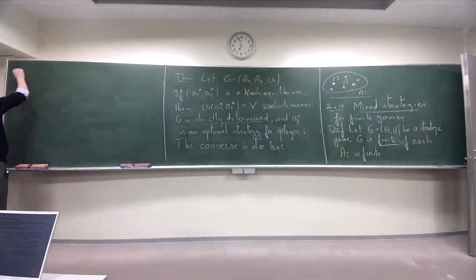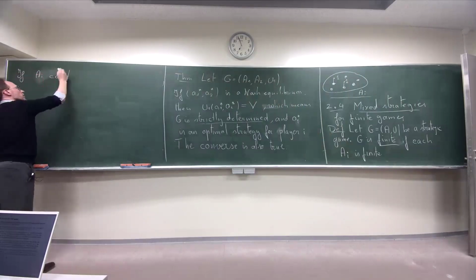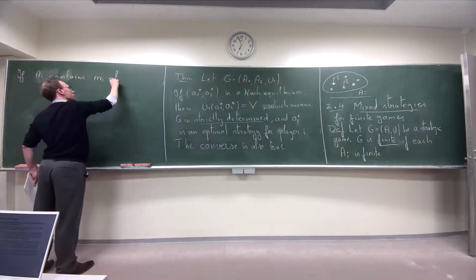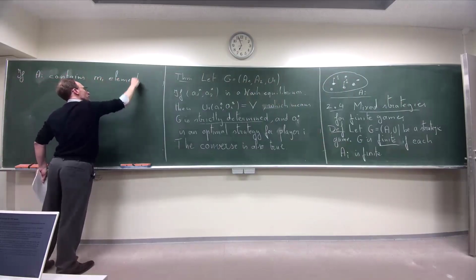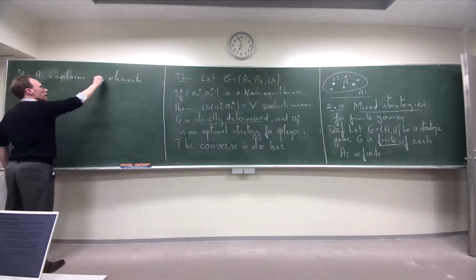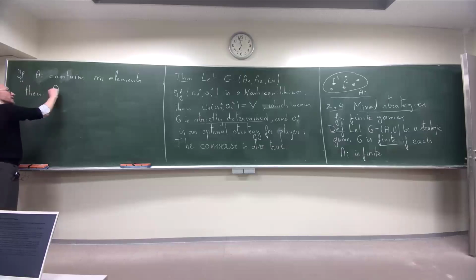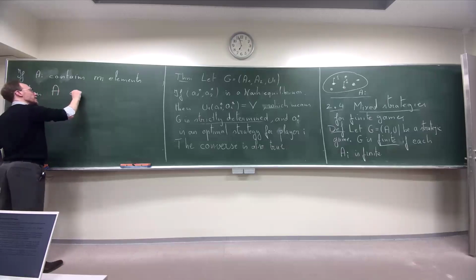Okay, this is a definition. I just observe that if A_i contains a certain number m_i of elements, it can be different for each player, that's why I put a different number. So if A_i contains m_i elements, how many elements are in A?